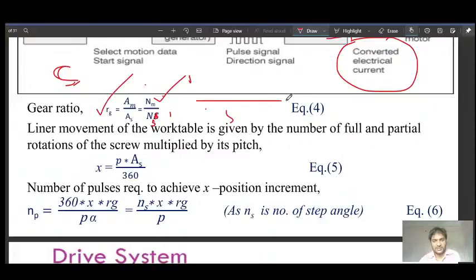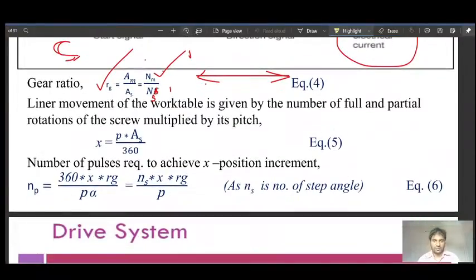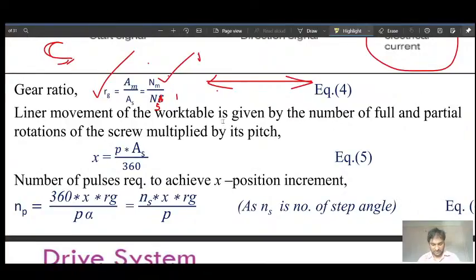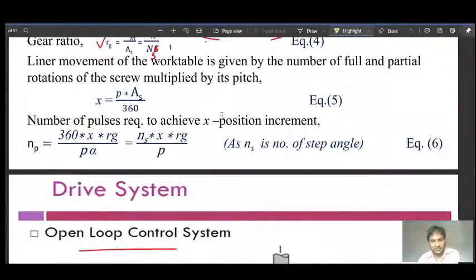Now through rotation, as you can see, the table is on the lead screw. So if the lead screw rotates, the table will move in one direction. So how can we get the distance traveled by the table?